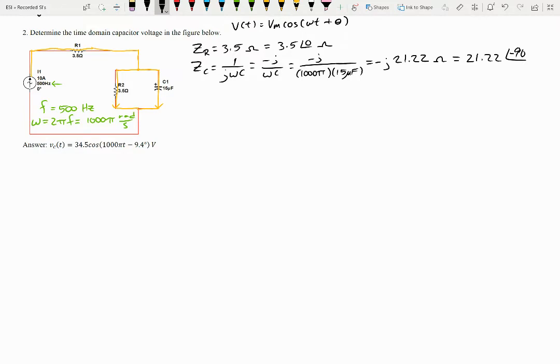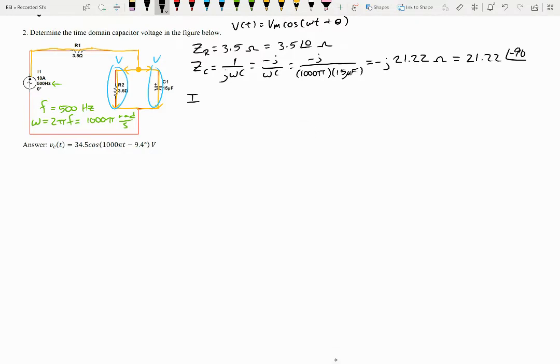All right, so now let's keep trucking here. If we know this current is going to split at this node and send some that way and some that way, to do the current division, it honestly doesn't matter which one we do, because these two are going to have the same voltage across them since they're in parallel. But regardless, we need to figure out what the current is going to be through it.